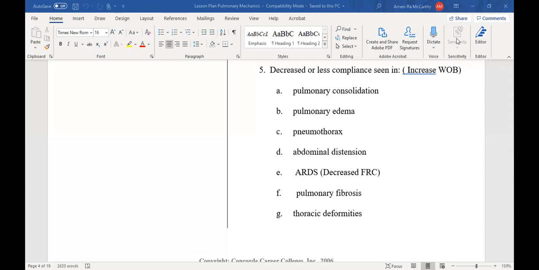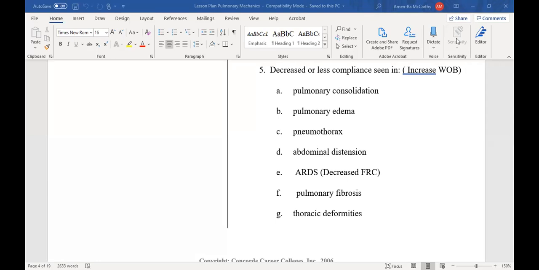All right, guys, we're back from break, and we're going to pick up where we left off, talking about compliance. We already learned that compliance measures the distendability of the lungs. If the lungs stretch any way you want them to, they have a very high compliance. If they won't do what you want them to do, they have a low compliance.